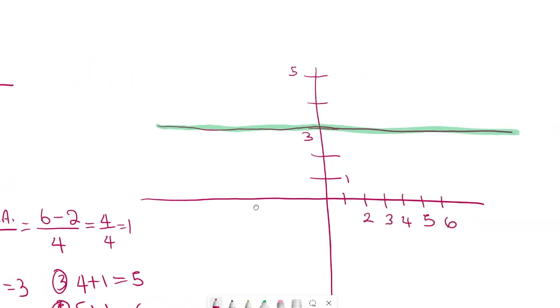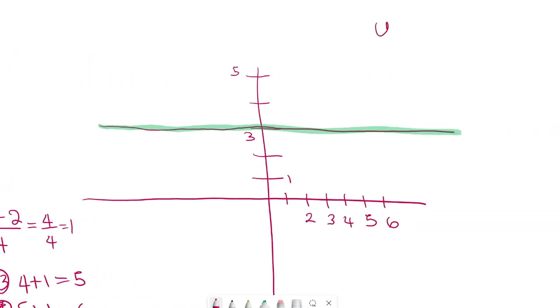If my function was y equals 2 cosine, and everything else, then the graph would have started at my highest point of 5, and then I would come down to my midline at 3, then down to the bottom, back up, and then I would be like so. But that is not the graph.